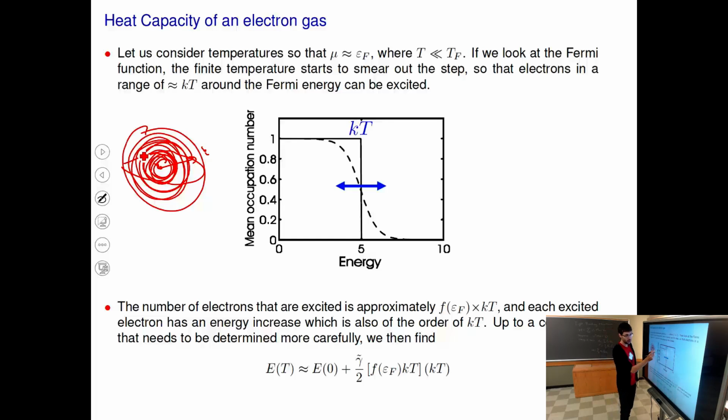So the only electrons that are relevant are living in a narrow interval next to the Fermi energy, pretty much kT to the left, kT to the right. Only that thin sliver of electrons can absorb kT and go to an empty state.